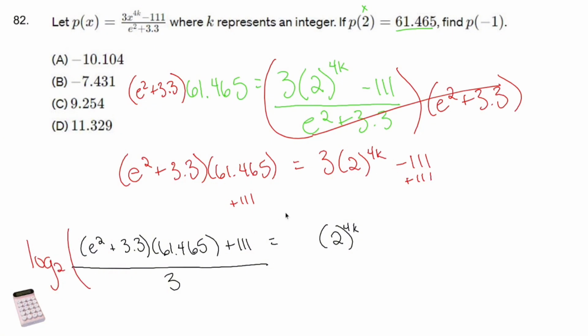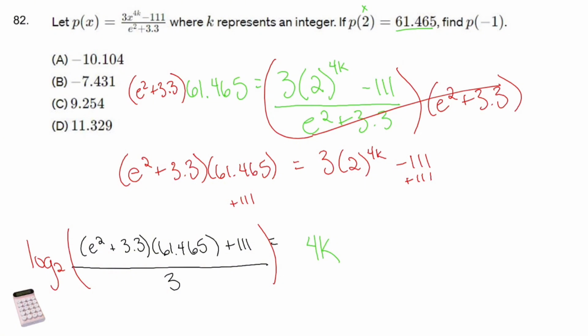Now, if I log base 2, 2 to the 4k, what happens is that goes away and 4k drops down. So let's get rid of that and just put 4k here.